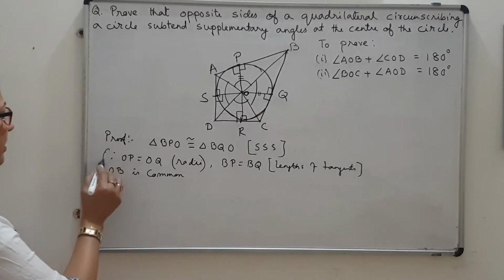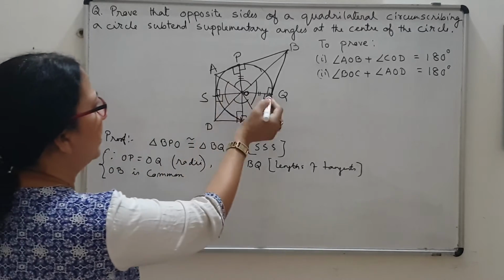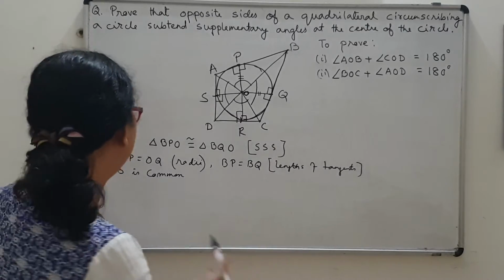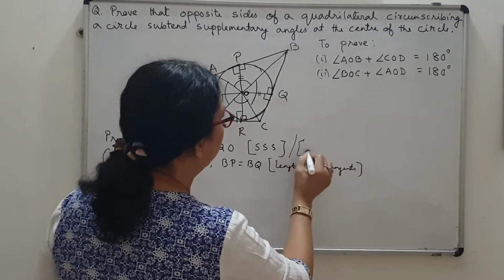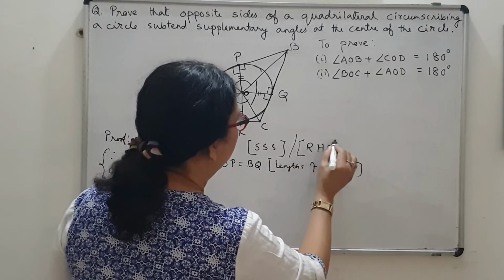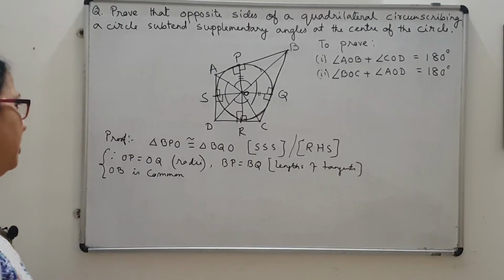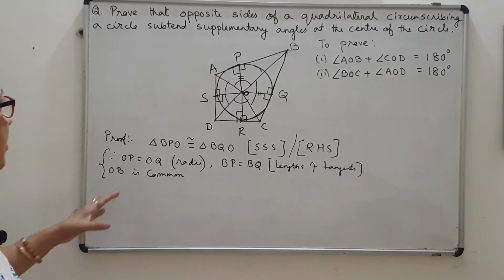Or I can take only these two and write these two are 90 degrees. Then by RHS they are also congruent. So you can write by RHS also. Any one criterion you can use. Okay. So they are congruent.